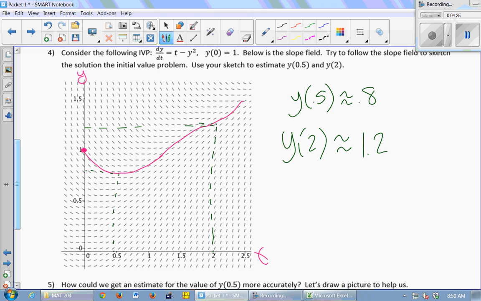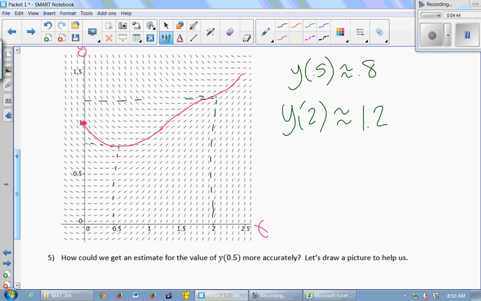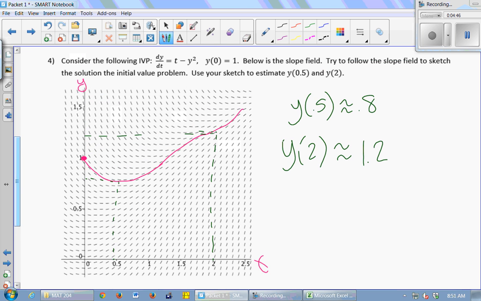We're going to use Euler's method to come up with a better way of getting those estimates. It's basically the same thing. We're just going to be more precise about how to draw this curve. So if I wanted to get a better estimate for y of 0.5, I'm going to draw a picture. Okay, so I know the slope at the point 0, 1.